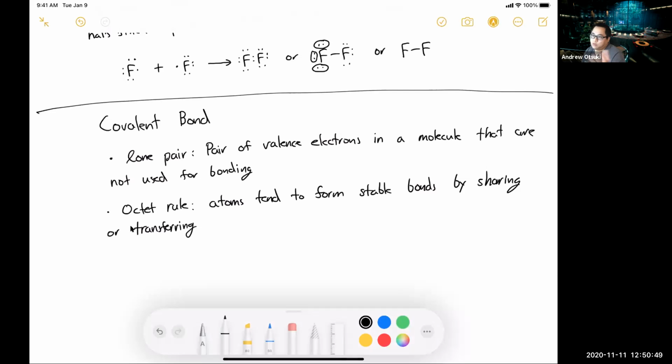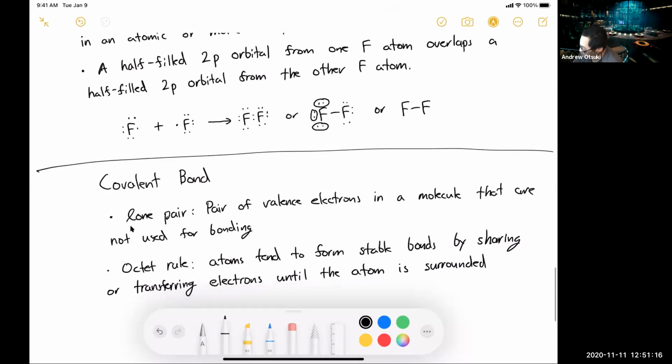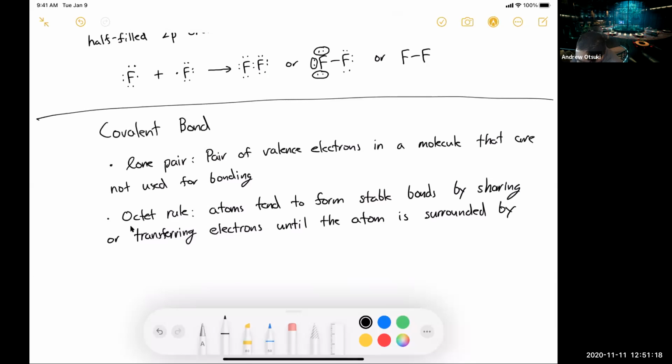Transferring, or another atom stealing the electrons, is what we call ionic bonds. Transferring electrons until the atom is surrounded by a total of 8 electrons.